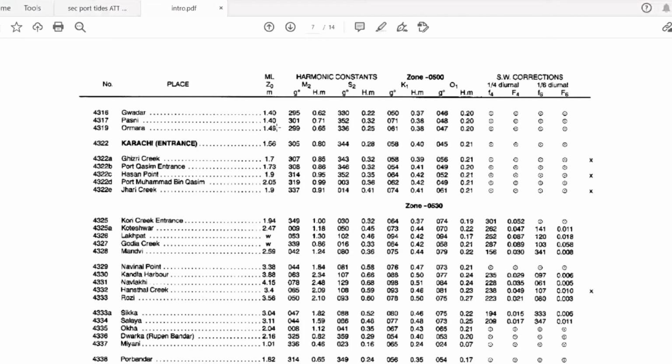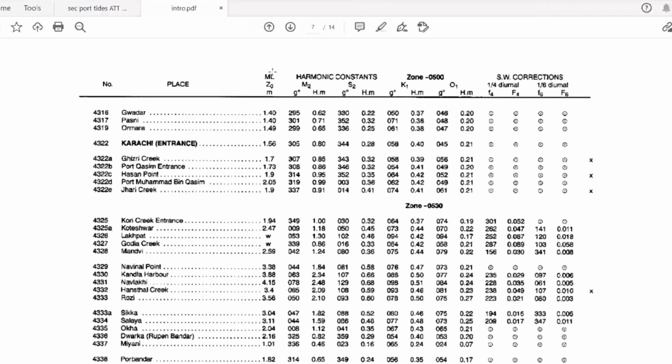Can you explain mean level again? Mean level is, suppose there is no rise and fall of water, what will happen to the level? So you will have it 1.4 meters above your chart datum, that is your lowest astronomical tide here in Gwadar. So mean level means, between your high water and low water, what is the mean value?